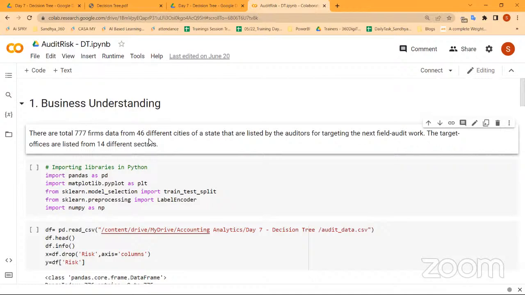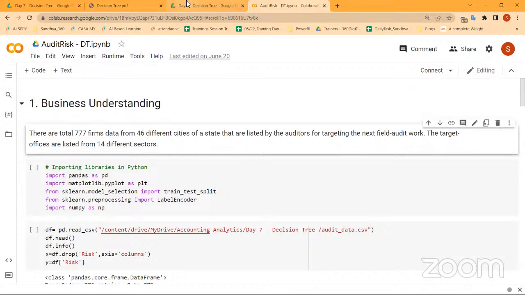Imagine there are a huge number of domains, friends, that are available. One such domain is the accounting domain, of course. But different domains are there, like healthcare, manufacturing, aviation, automotive sector, life sciences sector, electrical, electronic, mechanical. So many sectors are there. Out of them, we have considered data from 14 sectors, and we have listed them out.